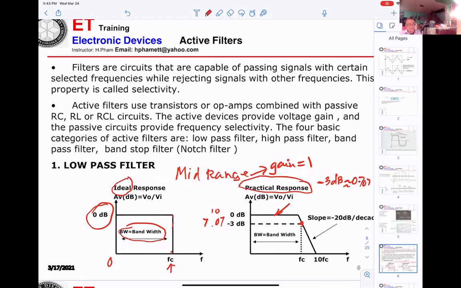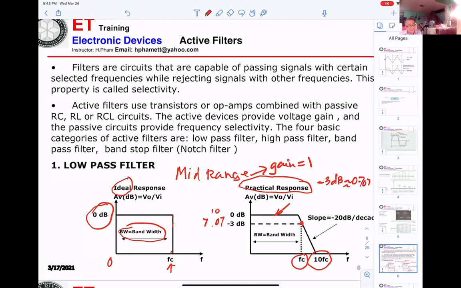They're telling you the gain goes down at a rate of 20 dB per decade. At Fc, the cutoff frequency, a decade means 10 times Fc; at 10 Fc, the gain goes down 20 dB.